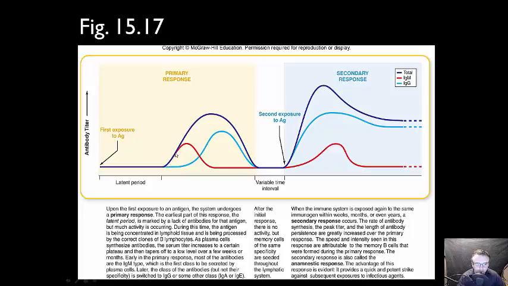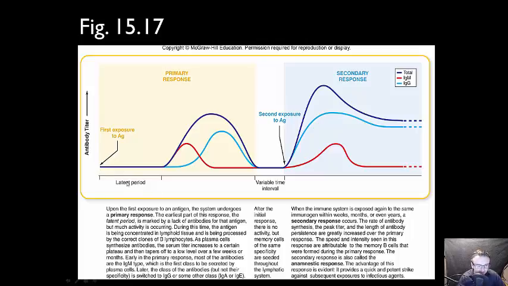So all 5, represented by the blue line here, the dark blue. We're looking at IgM only with the red line, so it's showing IgM production, and then IgG is shown with the light blue line here. So you see not only the quantity, but you're also looking at the time period over which it's being produced, how quickly and over what type of longevity.